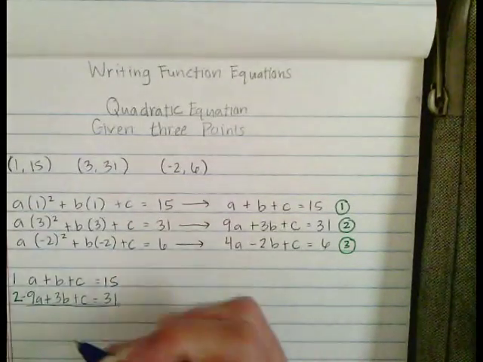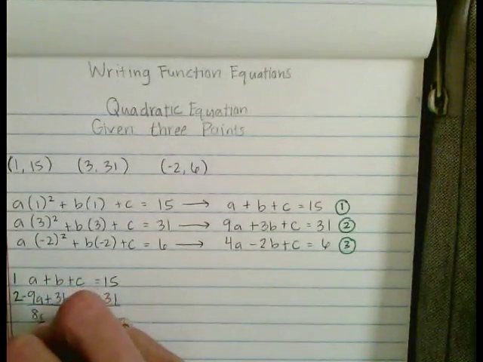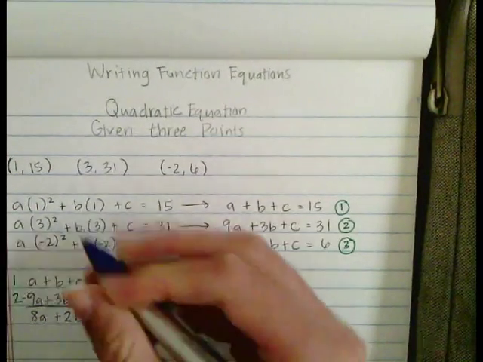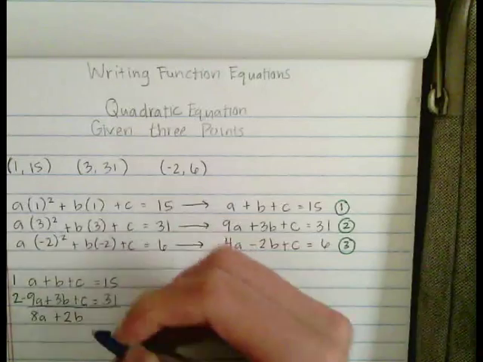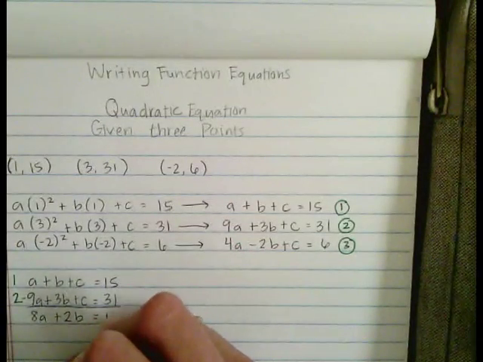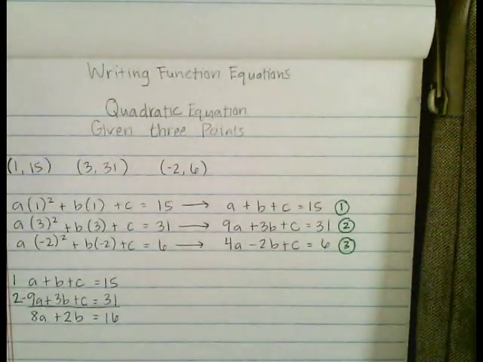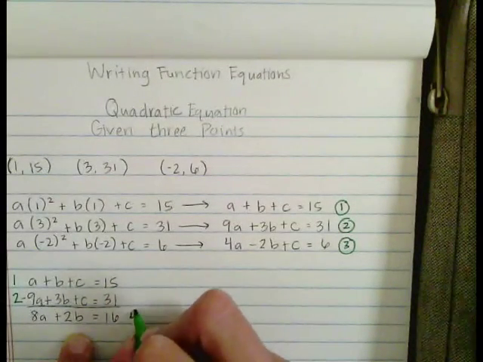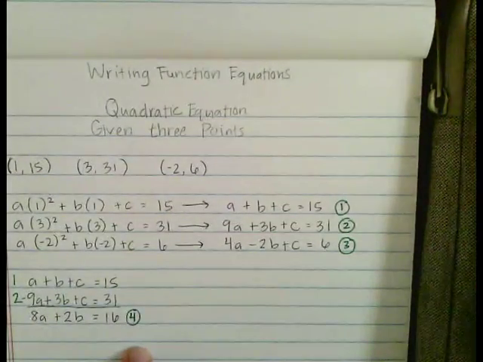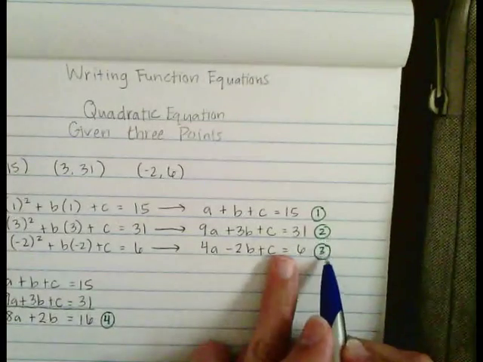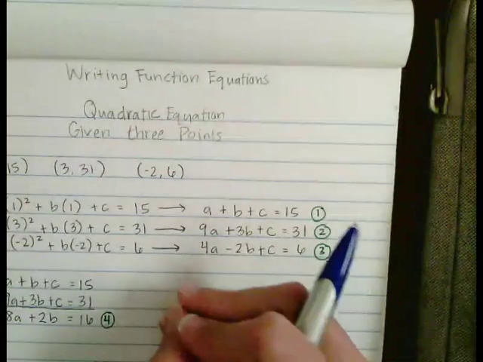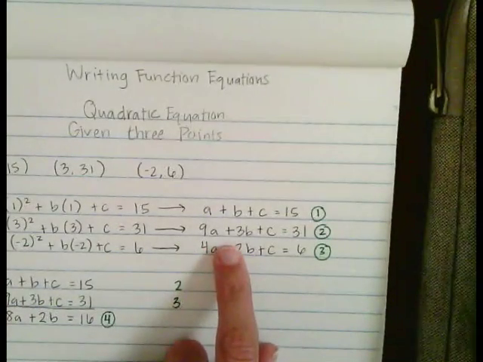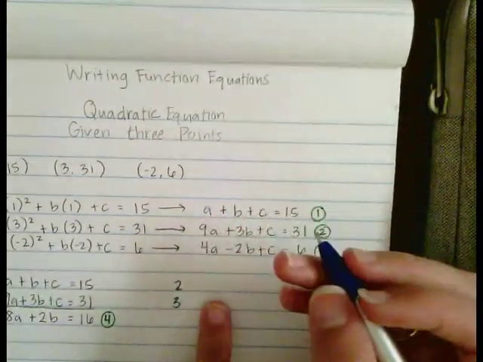So we're going to have 8A plus 2B, and then you want to eliminate your C's. So then you're going to have 16. Now you've created a linear equation with 2 variables. That's your 4th equation. Now you're going to compare 2 and 3 by coming up with another linear equation, which will be your 5th one.